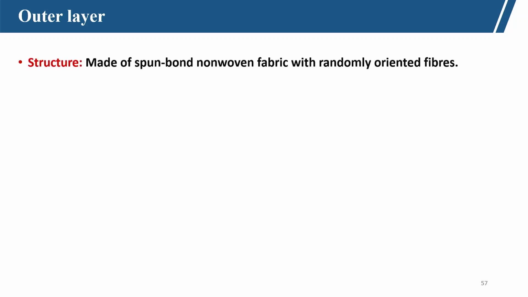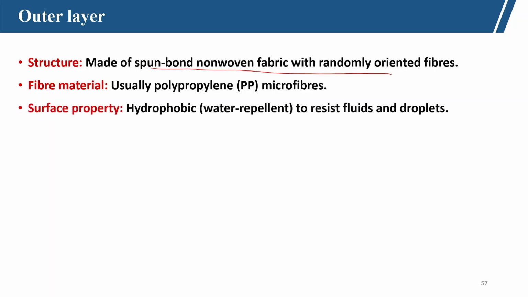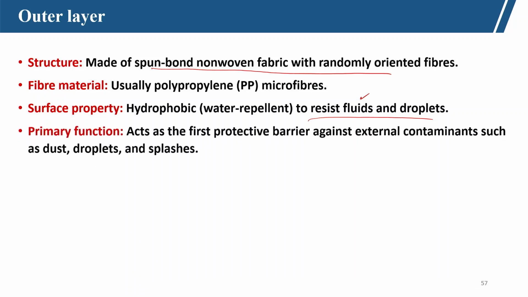and the outer layer is basically made of spun bond nonwoven fabric with random orientation. Usually polypropylene is used, and it is hydrophobic, water repellent. Sometimes water repellent finishes are applied to give fluid resistance and resistance to droplets.